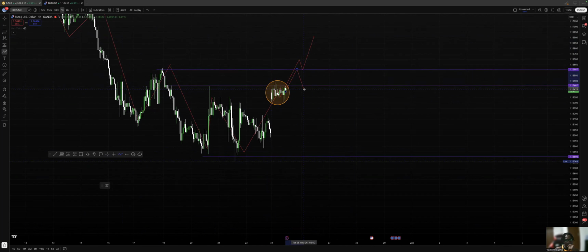If it does not break it, then we see a push back to the downside. I'll wait for a retest at the same level, then I'll join the sellers to the downside. So this is my plan for EU. Either sell or buy, either way, EU market structure is going well, and I think this is okay.